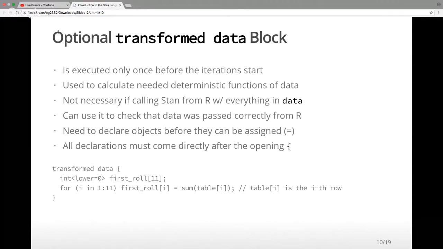And we're going to use first roll in addition to table for some of the subsequent calculations. So we've basically collapsed table, which is a two-dimensional integer array, into a one-dimensional integer array for the first roll.